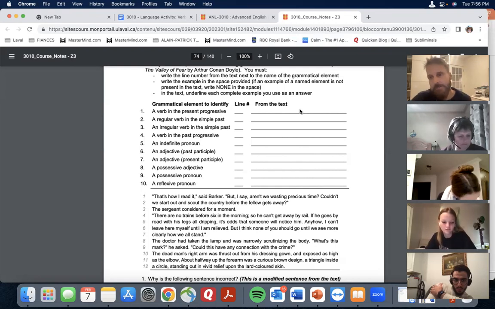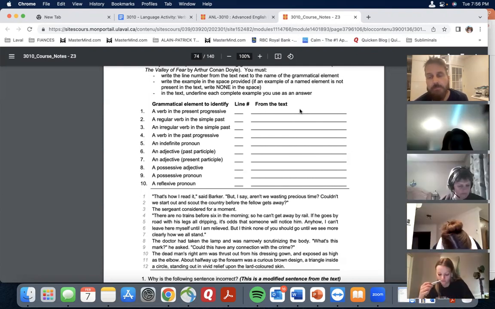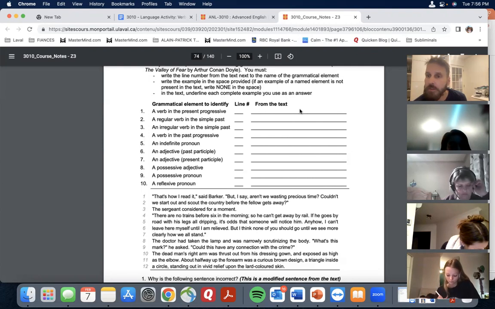Well, it is a pronoun, but it's a possessive adjective. Do you understand that? It's not a noun. Okay, and for number 5, I need an indefinite pronoun. So that is a possessive adjective. It's odds. Like for example, the dog is running around chasing its tail.